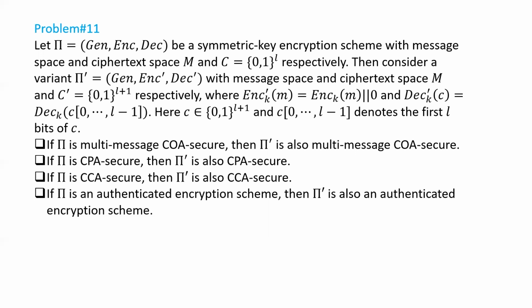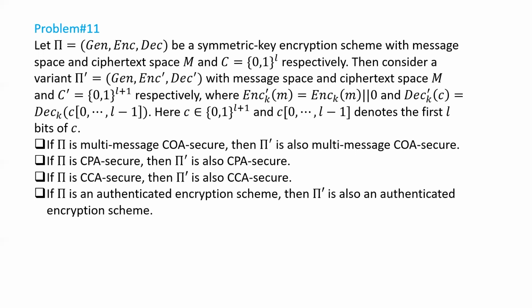So whenever an adversary in the modified pi' sees a stream of ciphertexts, the form of those ciphertexts will be: C1 will be Enc_K(M1) concatenated with 0, C2 will be Enc_K(M2) concatenated with 0, and so on.